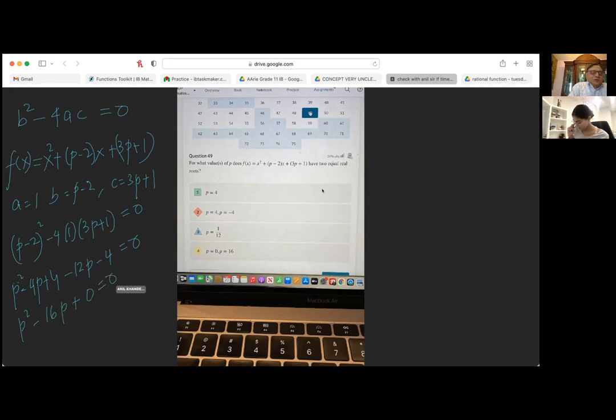So now the value of p could be, I'll factor out p, and then we have p times (p minus 16), which equals 0. So p can equal 0 or 16. So p is equal to 0 or p is equal to 16, right? So we get two answers for this particular question. Therefore, option 4 is the correct option.